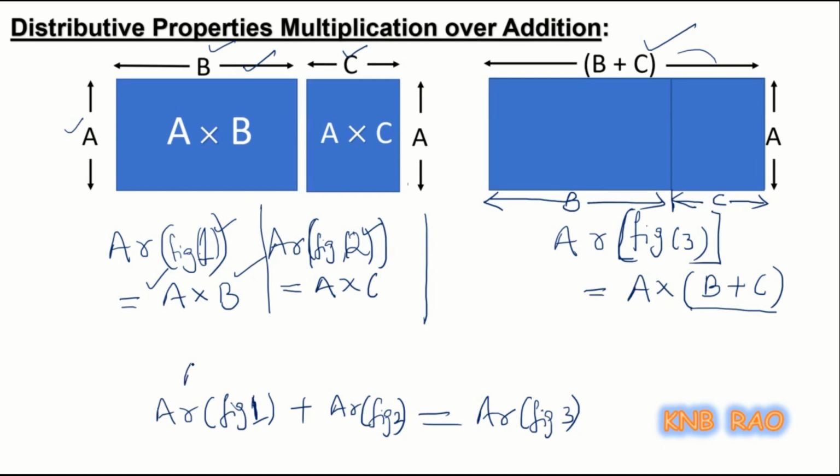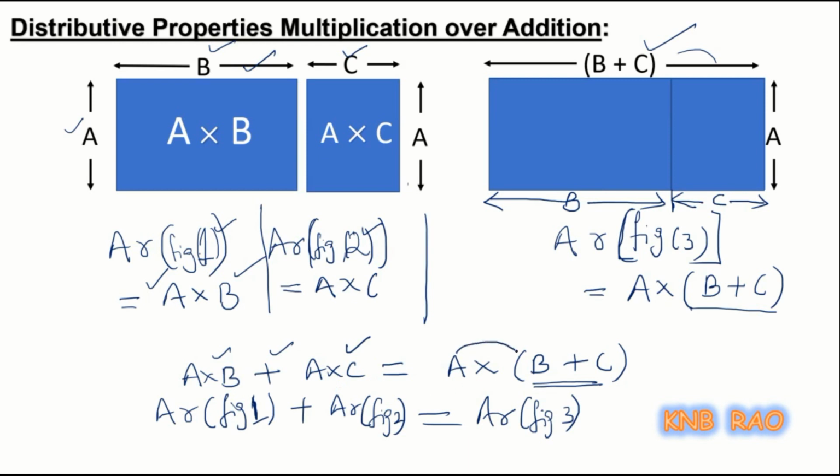That is, A into (B plus C) is equal to A into B plus A into C. That means A multiplying over the sum, or addition, of B and C is the sum of the products of individual AB and AC.